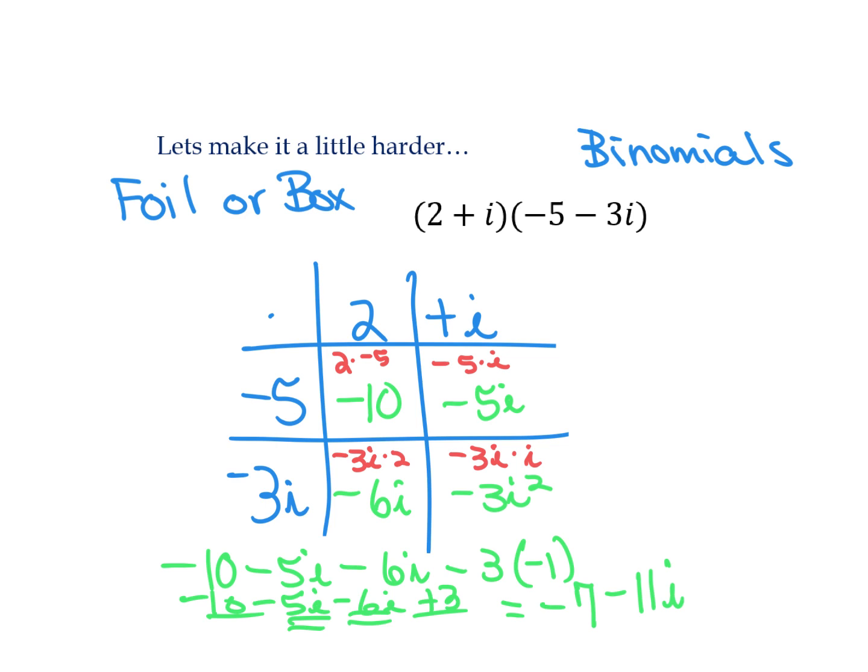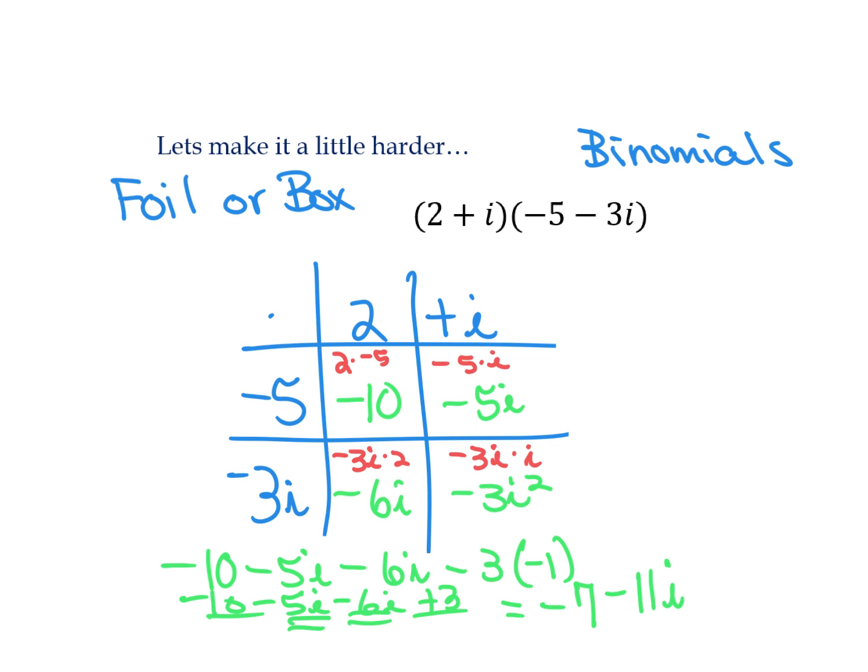So in the box, it looks like a tic-tac-toe board. We're going to put that first binomial across the top, 2 plus i. I put the plus in the box to let me know, remember that that is a positive. And down the side, I'm going to put the second binomial, which is -5 minus 3i.